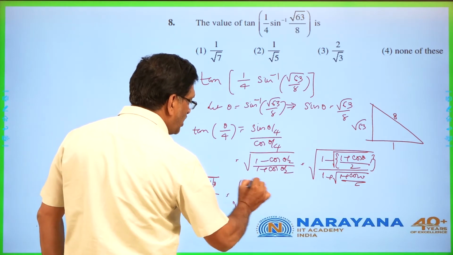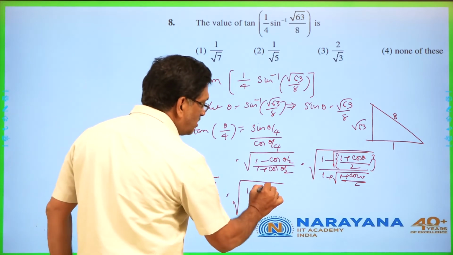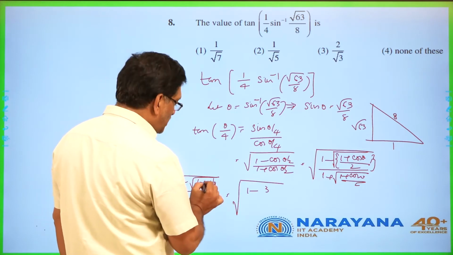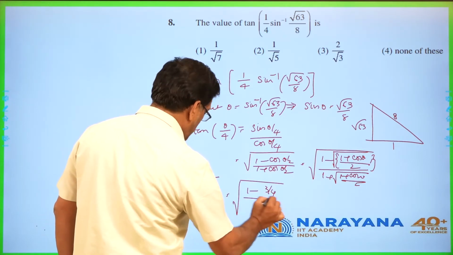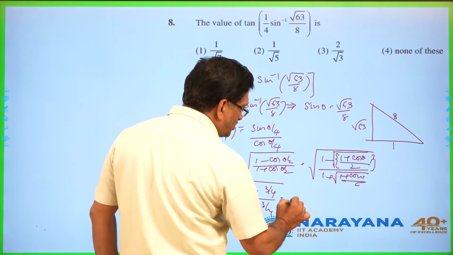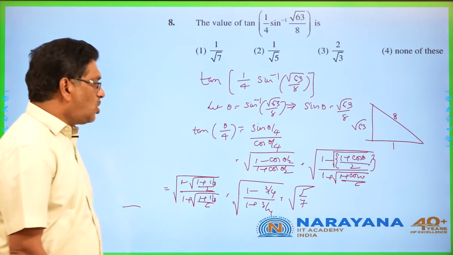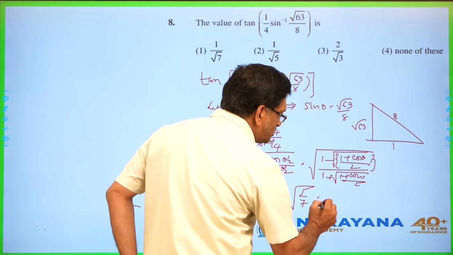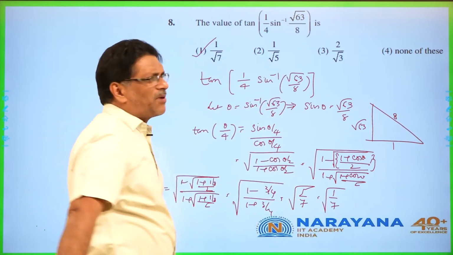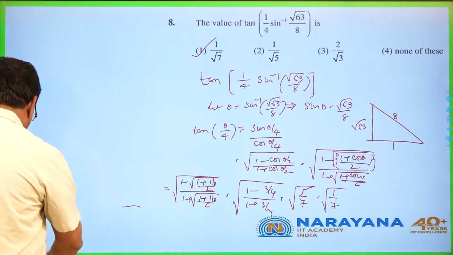Now, if you simplify it further, 1 minus 9 by 16, that is nothing but 3 by 4 here, whereas this is 1 plus 3 by 4. If you take LCM further, it is root of 1 by 7. Simple problem from inverse trigonometric functions. Okay? We'll move on to the next question.